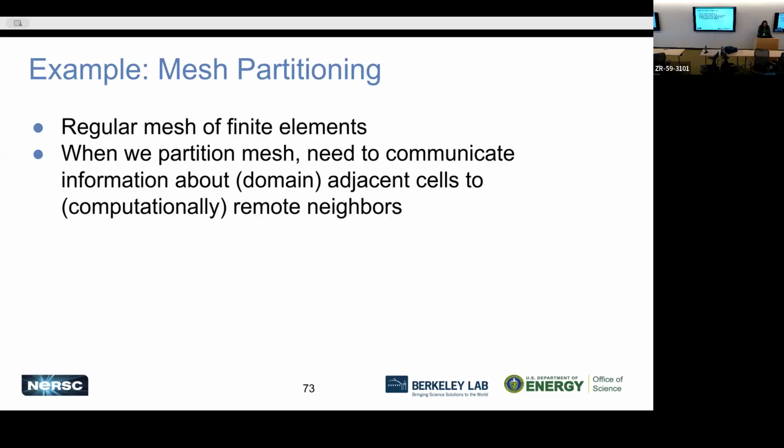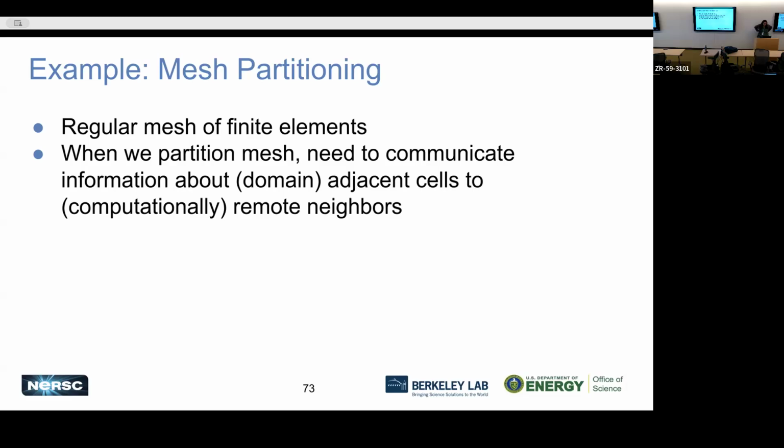A pretty common application that we see is a mesh of finite elements. This is something that people use to approximate something on a domain, like the potential energy or something like that. A lot of times when you're writing these types of algorithms, you're solving some sort of differential equation.